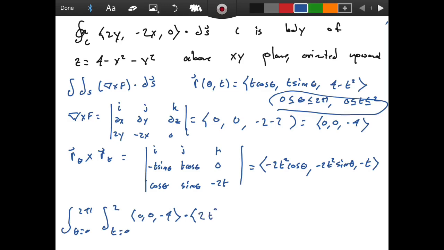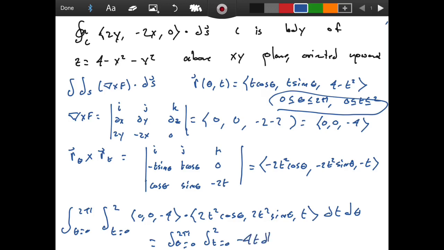So this is 2t squared cosine theta, 2t squared sine theta, t, dt d theta. Okay, well, all we're left with is the integral theta equals 0 to 2 pi, t equals 0 to 2, of minus 4t dt d theta.